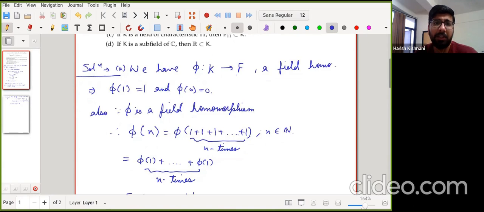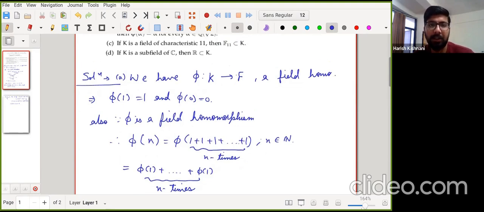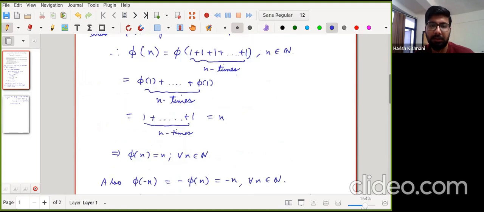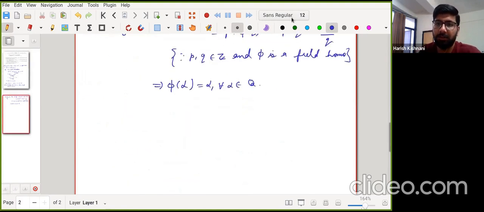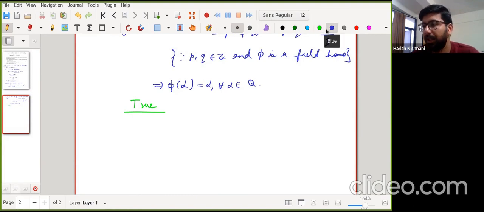So each field homomorphism between two field extensions of Q fixes Q. So option A is true. If that is clear, then we can move to the next part.